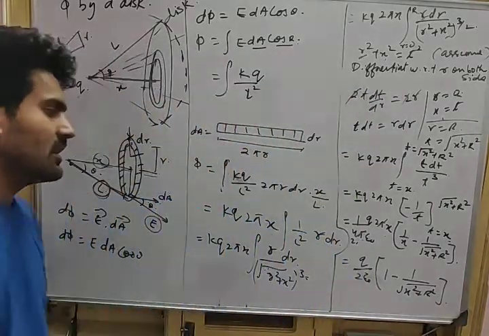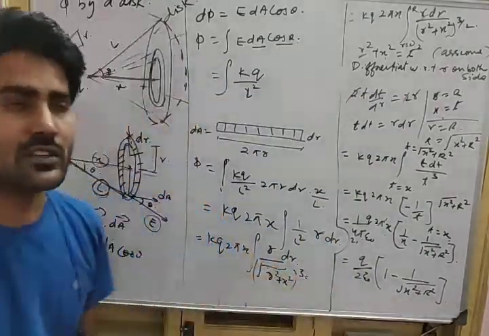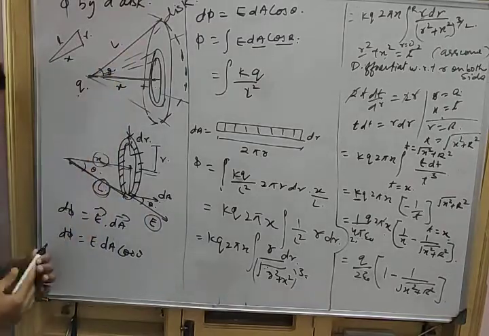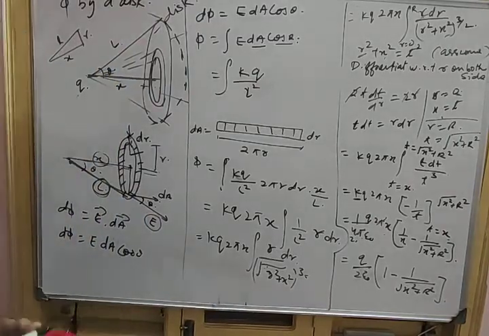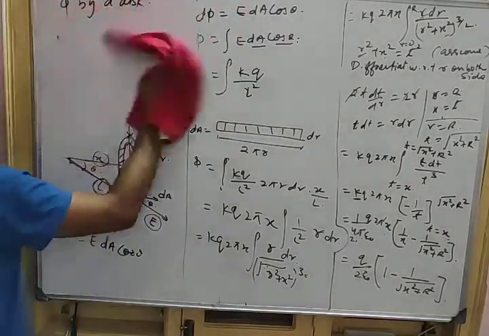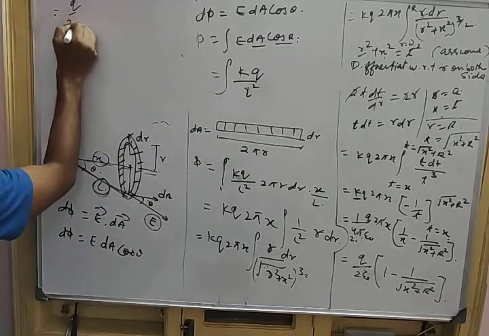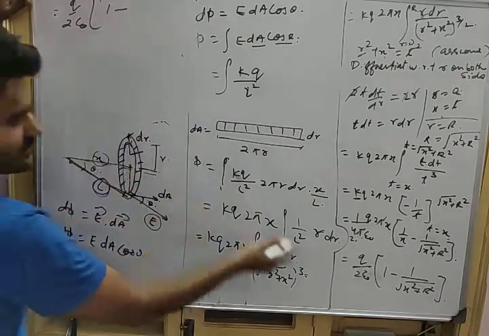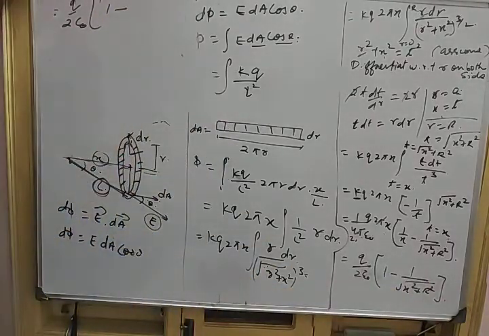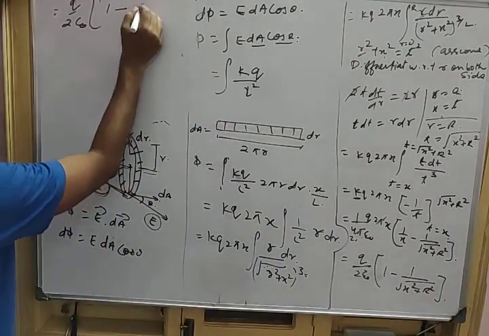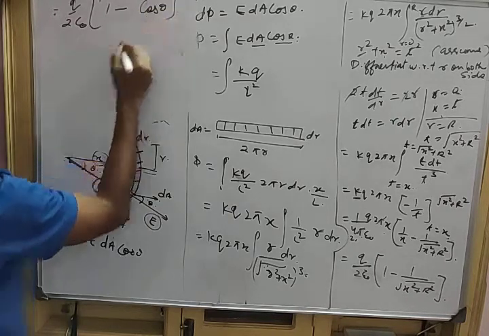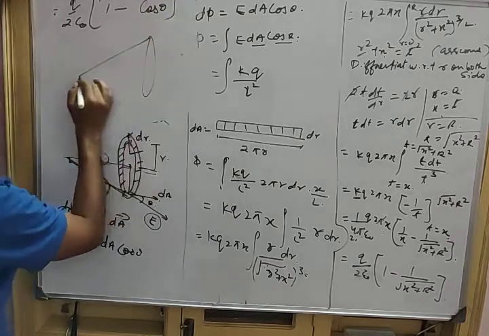So this is nothing but cos theta. See, suppose this angle is making theta. So now what we will do here, q upon 2 epsilon into 1 minus cos theta, because it was a disk.